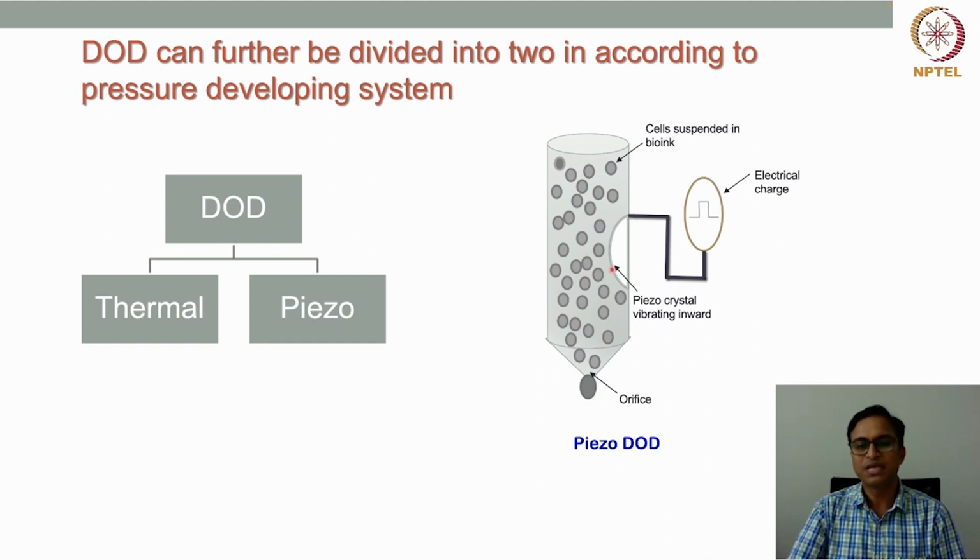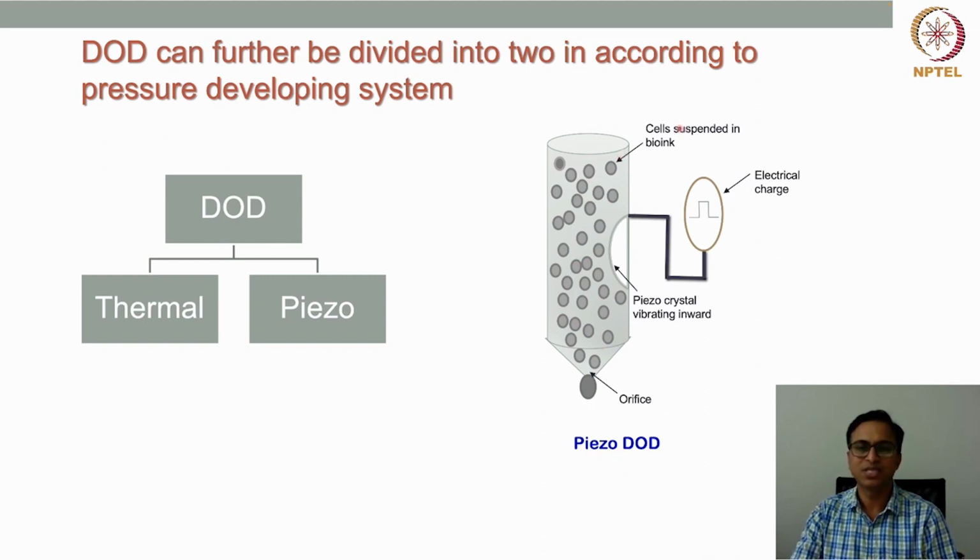So here the nozzle diameter can be around anywhere between 18 to 30 micron, and so the droplets generated in this case can be smaller than the thermal DOD printer, right? And here also this can be very well used for printing cells.